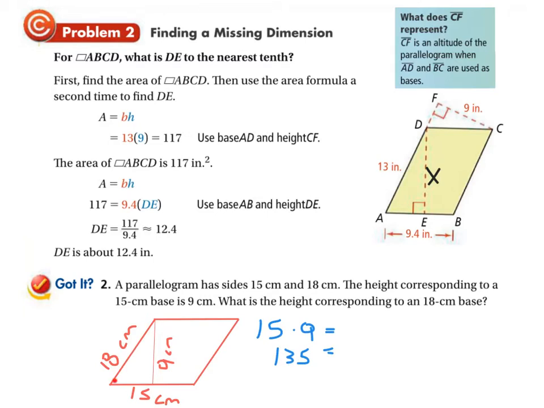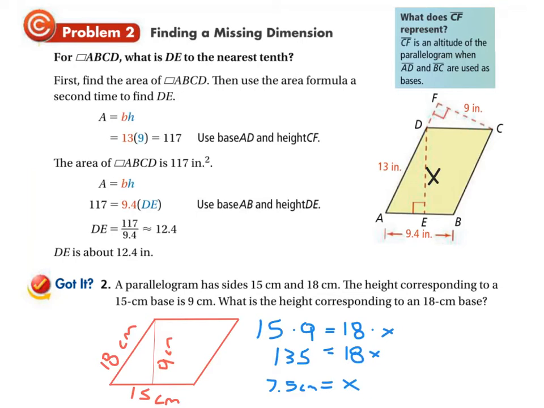And what is the altitude? 90-degree angle up to the other opposite side. Well, that's what we don't know. So we can say that it is 18 times x. So 135 equals 18x. And of course, you need to divide both sides by 18. And what you get is 135 divided by 18, which is 7.5 centimeters.